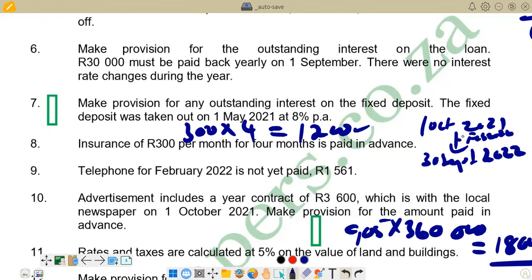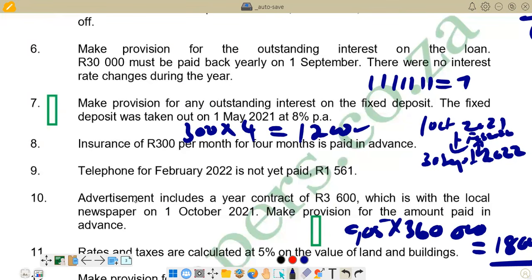So it means we've got some extra months that are not within our financial period. So we calculate how many months are there after February 2022. After February, we've got March, April, May, June, July, August, September. So we have 1, 2, 3, 4, 5, 6, 7 months. 7 months that should be removed from the figure that we have for advertisement.